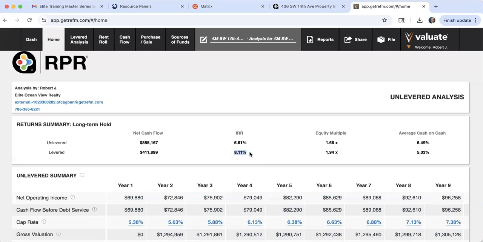You're making 8.11% versus 6.6% if you put in the money all in cash. On the right, you have your average cash on cash. Well, obviously, if you finance, you're going to have less cash flow, 5.03 versus 6.5% cash flow if you buy it cash.